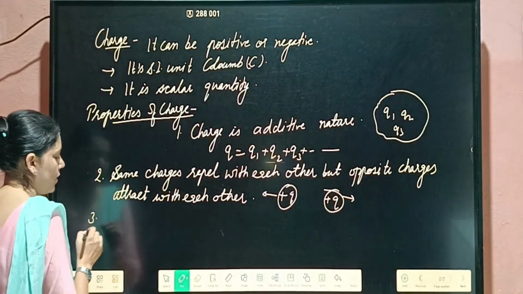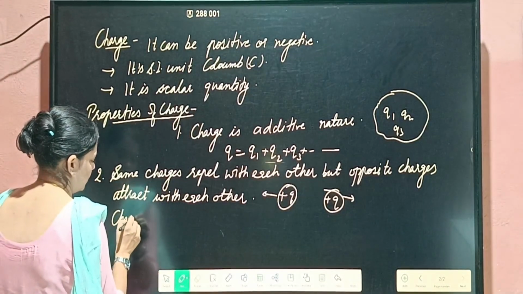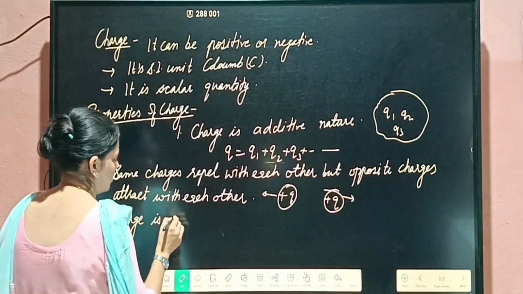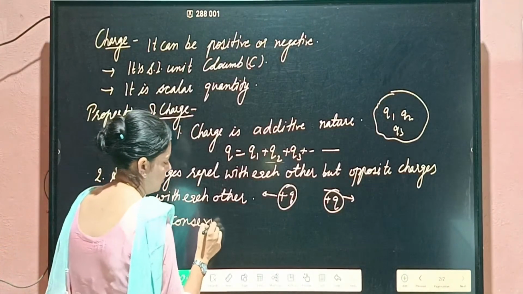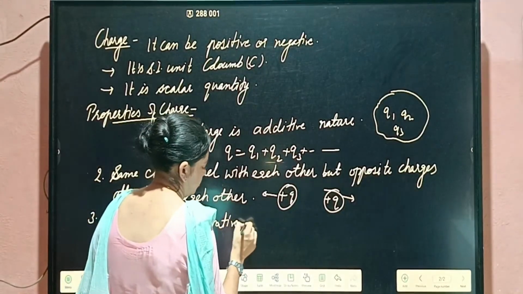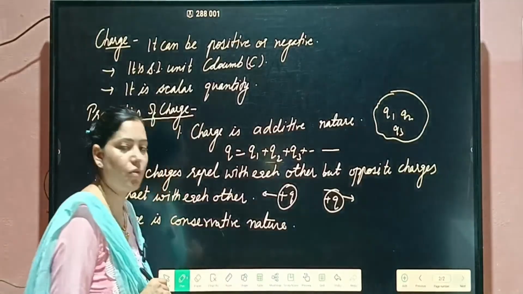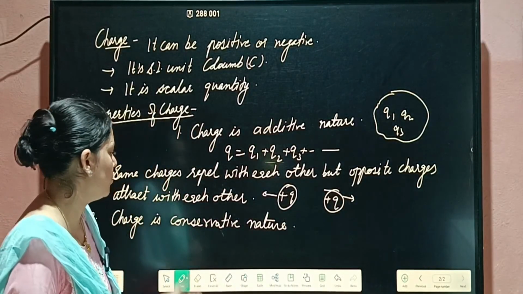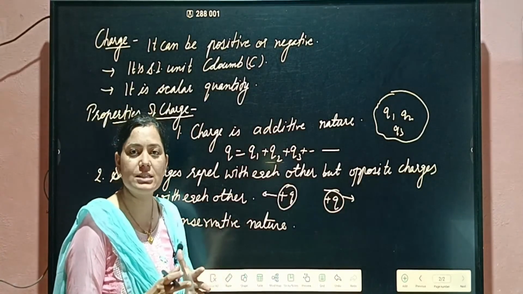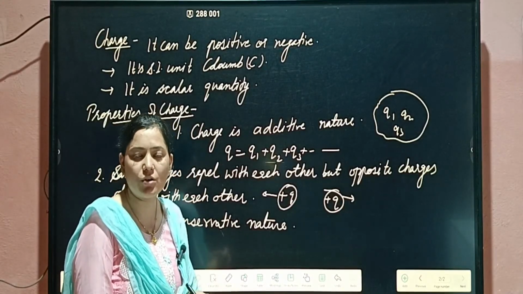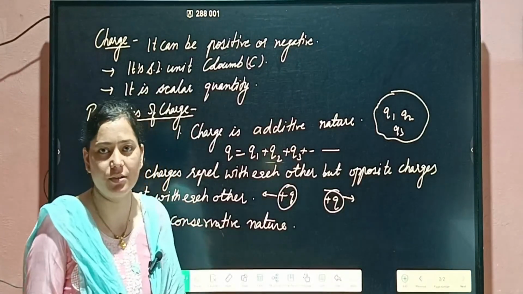Okay. Next point, charge has conservative nature. It follows the law of conservation. Means total charge can never be created nor destroyed, it always remains conserved.